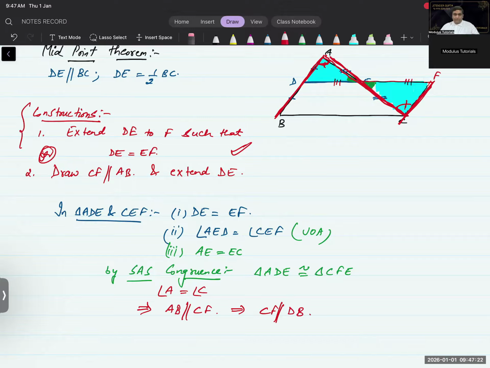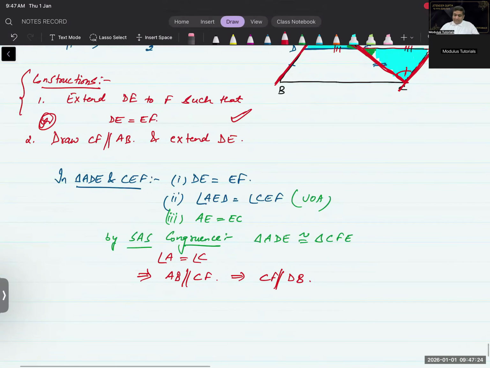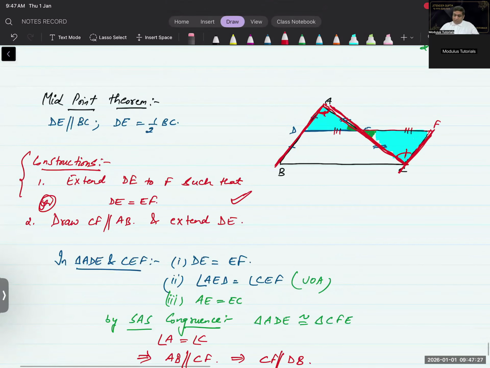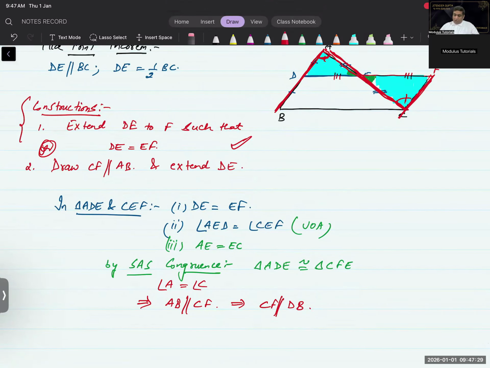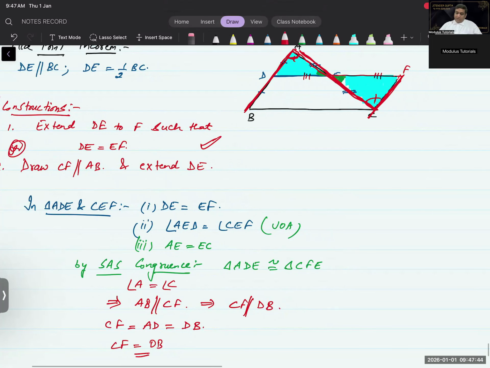At the same time, because of congruency, CF is equal to AD, but AD is equal to DB. So CF is equal to BD. Here I have proven that CF and DB are parallel and equal.